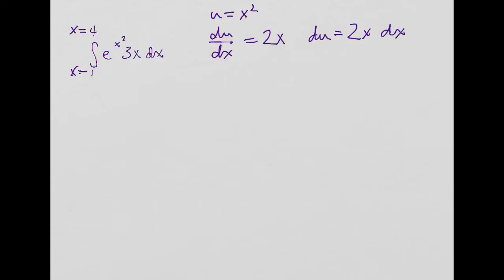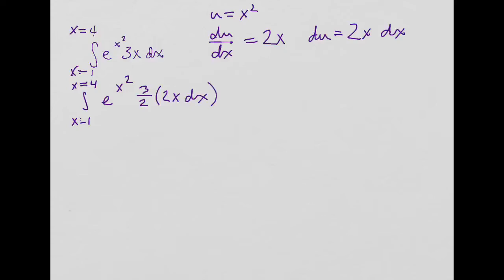So when we rewrite this, we're going to have the integral from x equals 1 to x equals 4 of e to the x squared. And then we want it to be 2x dx, so we're going to divide 3 by 2 times 2x dx.